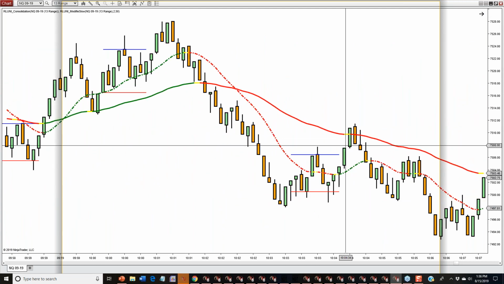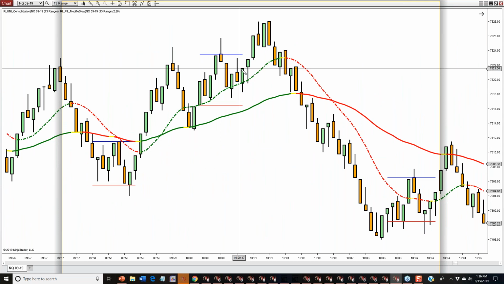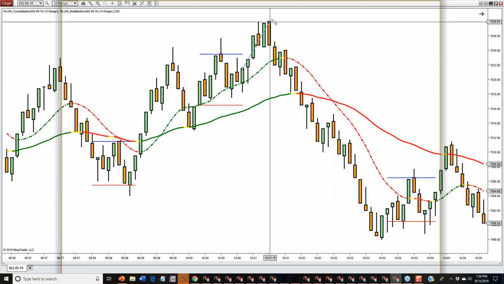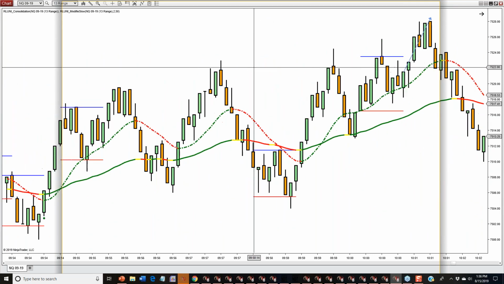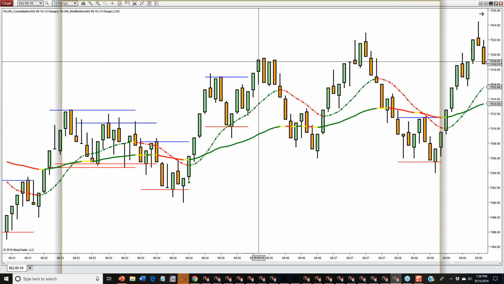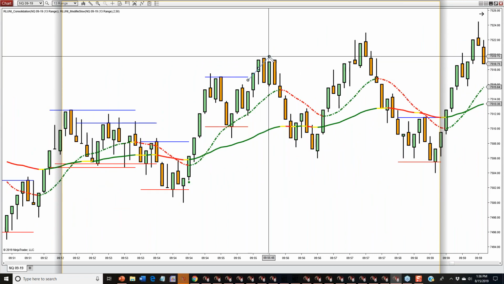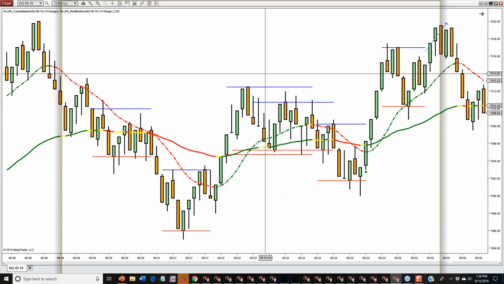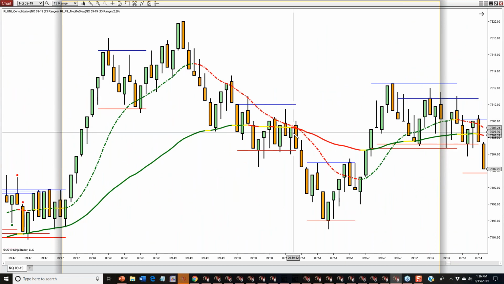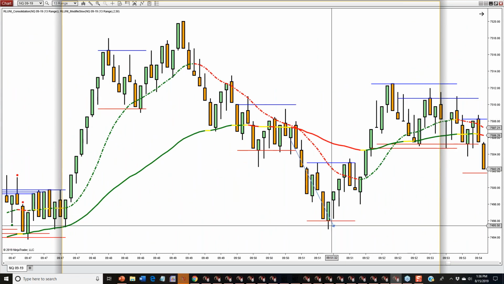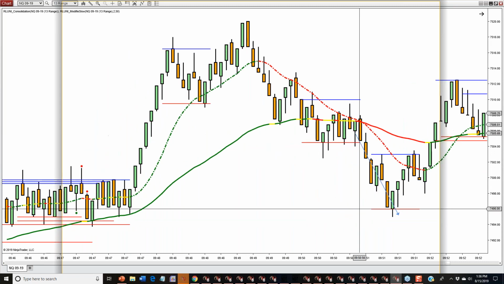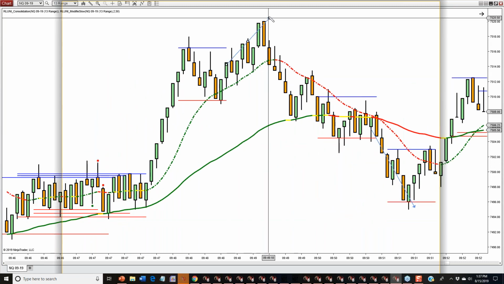This just doesn't work. Here's the break and the move up. But this doesn't go very far. And here's your break to the downside. And here's your break to the upside.